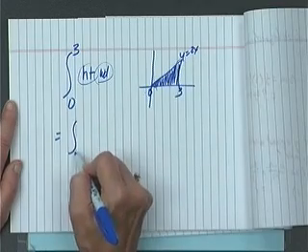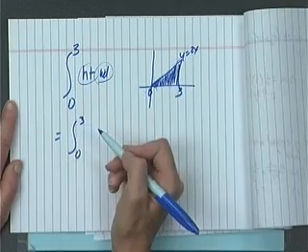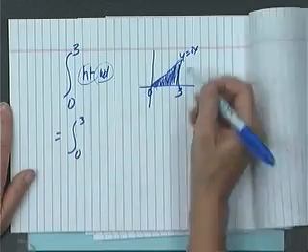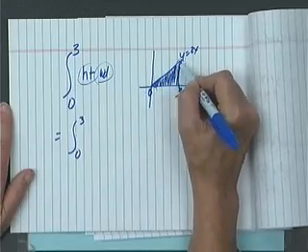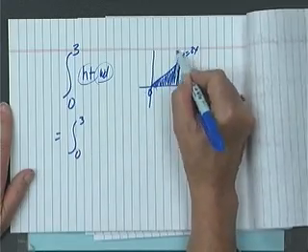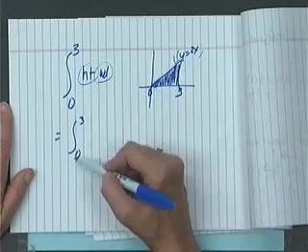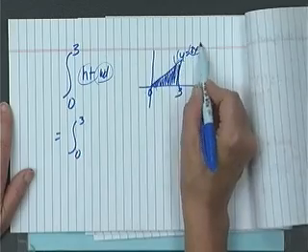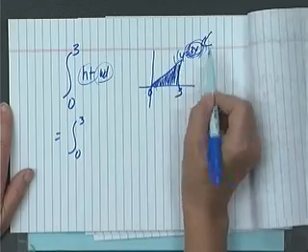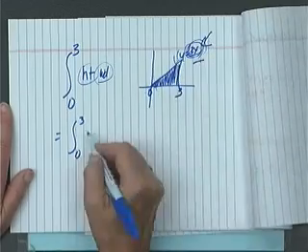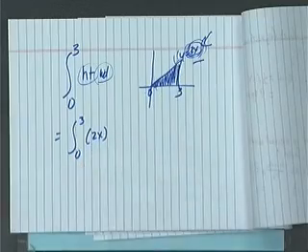Now, we're going to sum them up from 0 to 3, the integral from 0 to 3. Now, how would I express the height of every little rectangle for every value of x from 0 to 3? 2x, very good. Isn't 2x the y value? How tall every rectangle is?